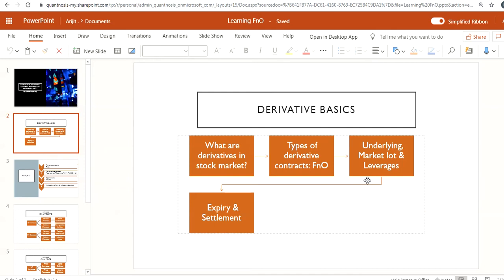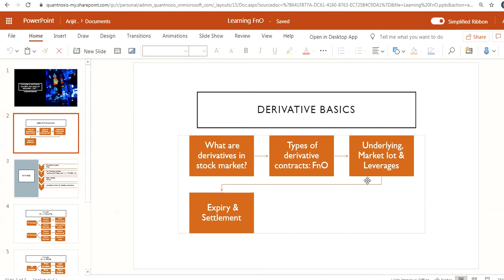Till that date the derivative is valid, and after the expiry date the derivative contract is invalid. So either before the expiry you will have to square off or exit your positions, or your broker might exit on your behalf. The other option is taking a settlement for your derivative on expiry.